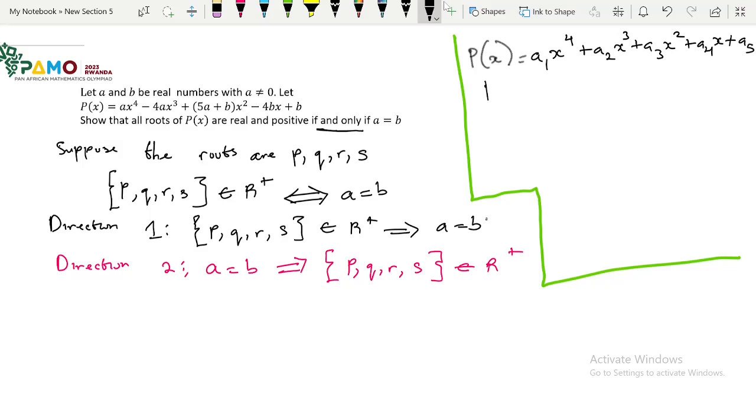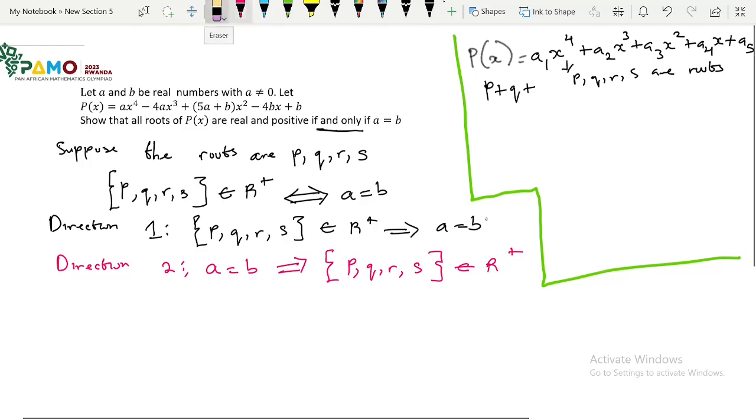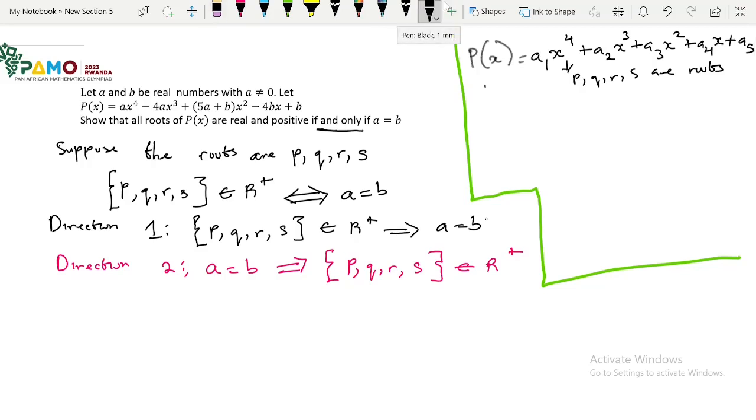The roots here are p, q, r, s. Then Vieta's formula is basically saying that p plus q plus r plus s is minus a2 over a1.